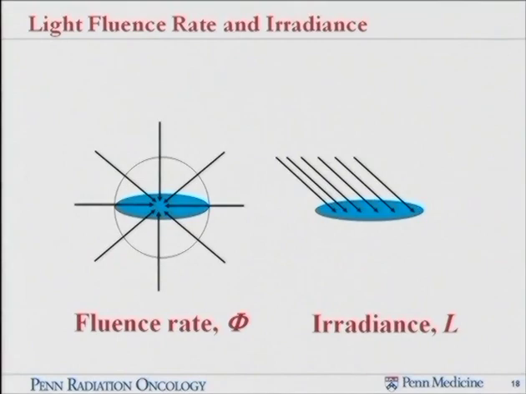If you know the power of the light source in a simple collimated light geometry, irradiance can be simply calculated from the treatment area and the power of the light at the location of treatment. But there is a difference between these 2 quantities, and fluence rate is typically larger because it takes into account the scattered light.